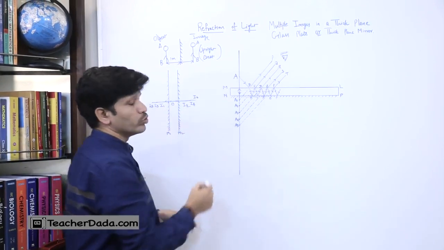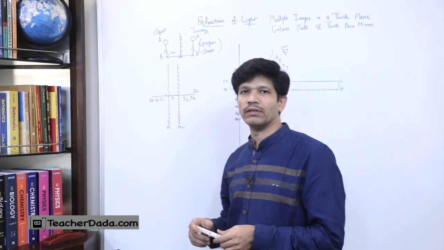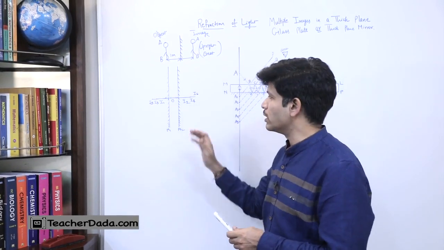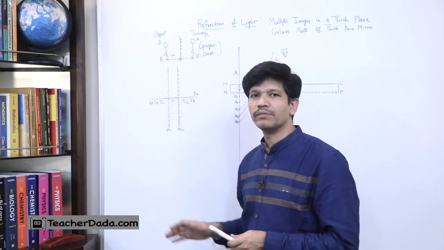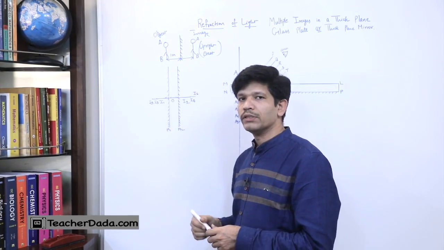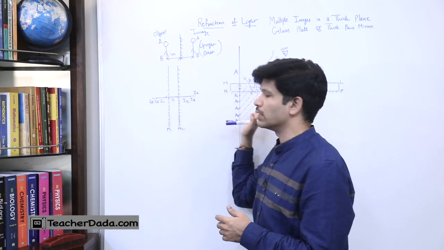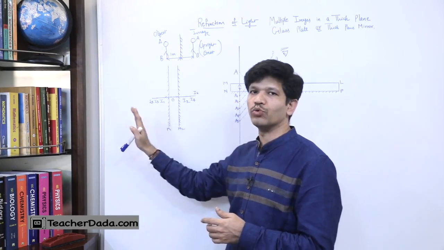Now this type of example you might have seen in an amusement park, where multiple images are formed due to two plane mirrors, and there are many plane mirrors aligned side by side parallel to each other.